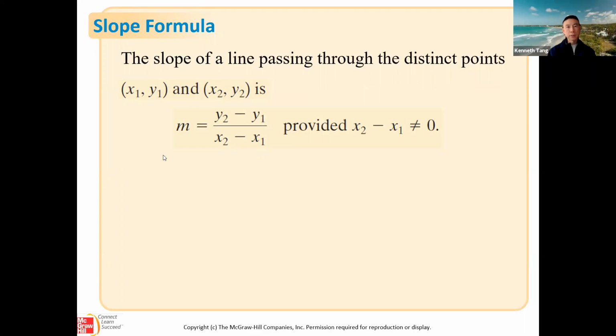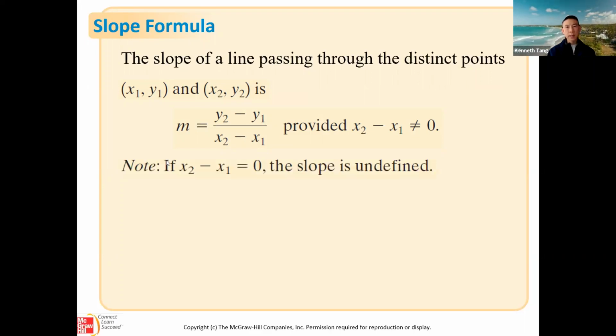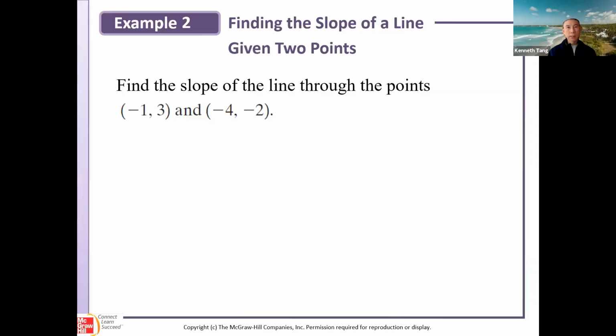If x2 minus x1 equals 0, the slope is undefined, which means it is a vertical slope.